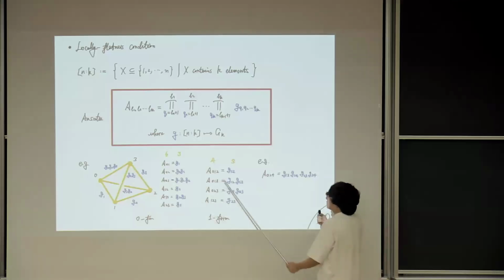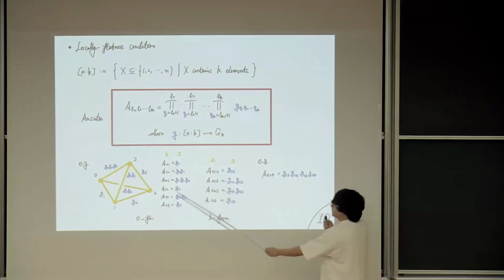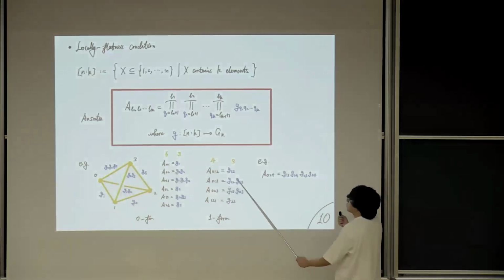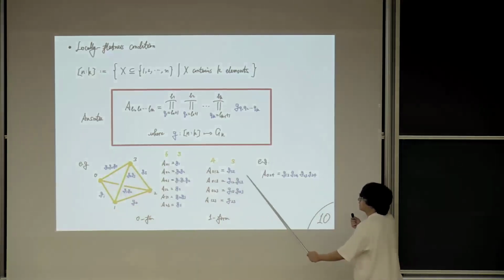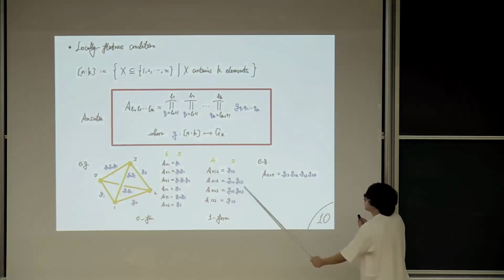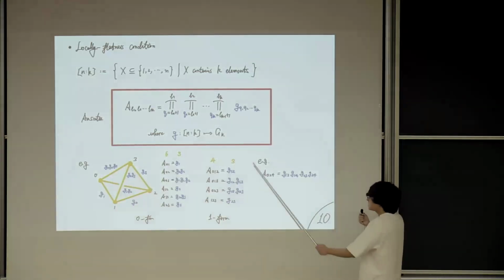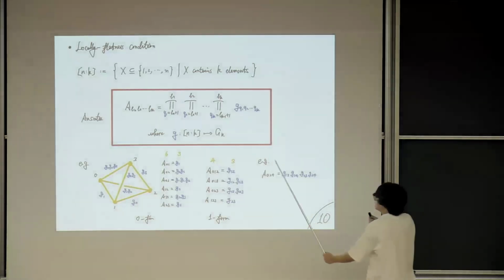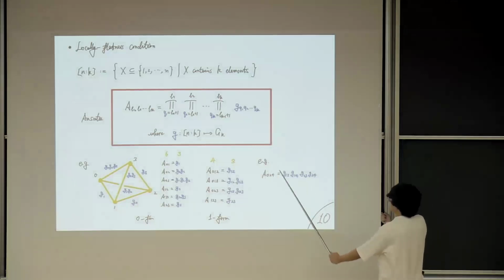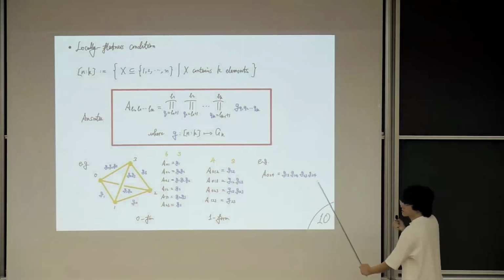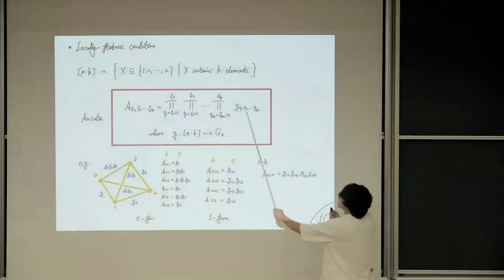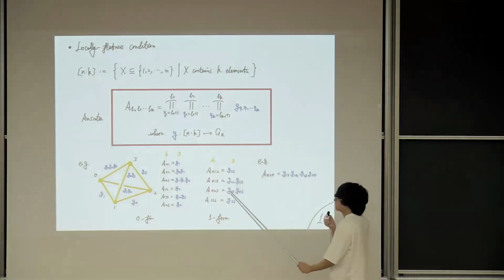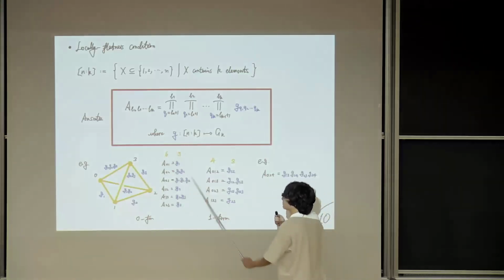And if we do it with A013, this triangle is no longer one element, it becomes two. So it's g12 times g13, and so on and so on. Of course, if we consider the higher-dimensional case, we can get more complicated expressions. But everything just comes from this ansatz. And this ansatz is a direct generalization of the old ansatz for group cohomology.